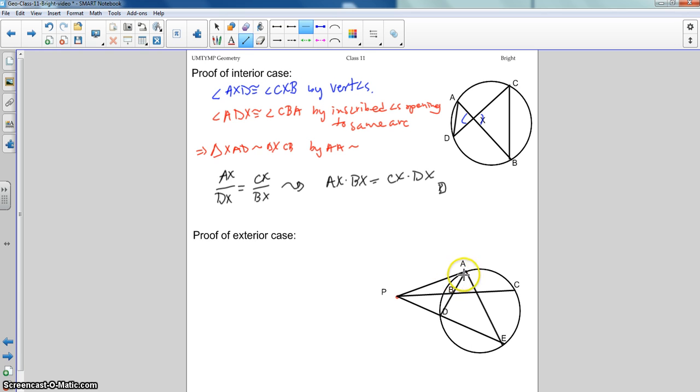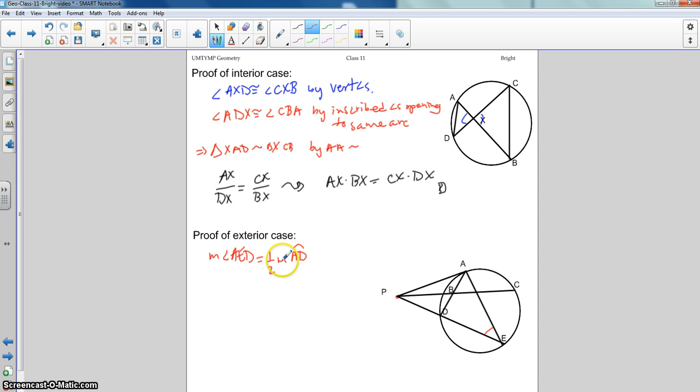And let's try that again. It's actually triangle APD and EAP. I'm trying to show that those two triangles are similar. So to do that, I first note that the measure of angle AED, this angle here, is an inscribed angle, so that's going to be one half the measure of arc AD.